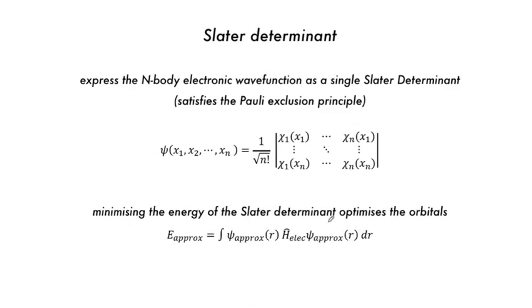So minimizing the energy of the Slater determinant optimizes the orbitals. So we start off with some sort of approximate guess for our wave function, usually based on some sort of chemical intuition. How we do this as an individual user is to create the molecular structure using some structure builder like, I don't know, Avogadro or VMD or PyMol or something.